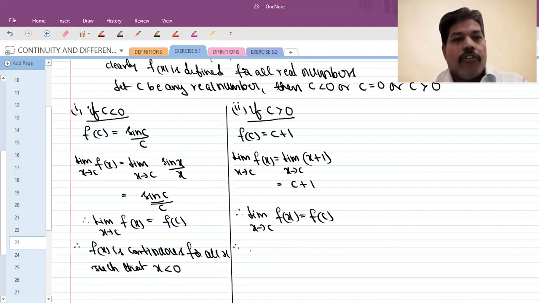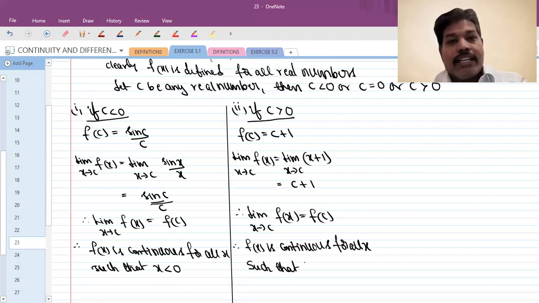Therefore f of x is continuous for all x such that x is greater than 0.